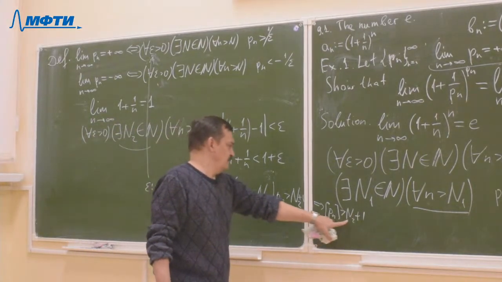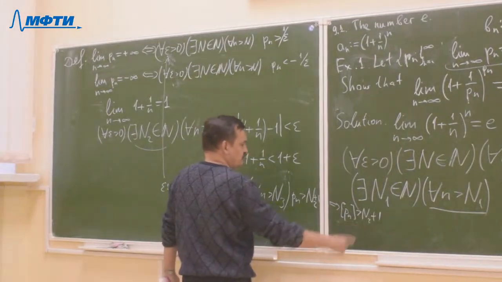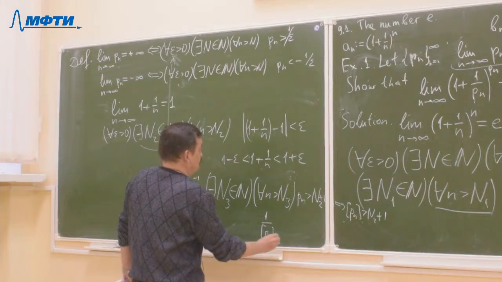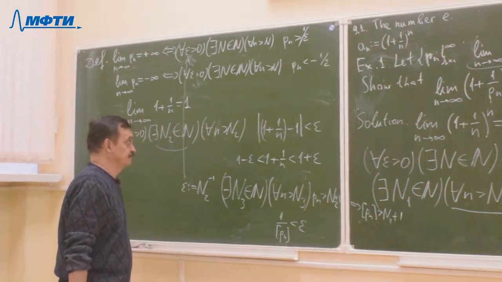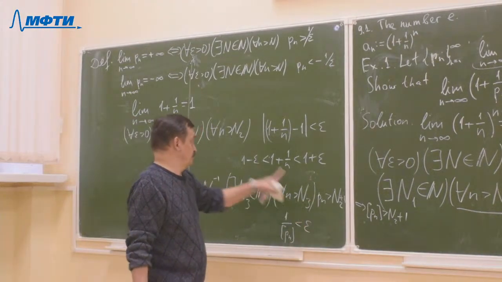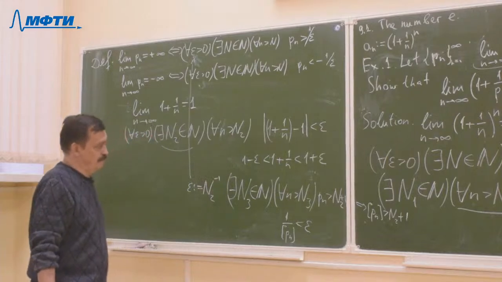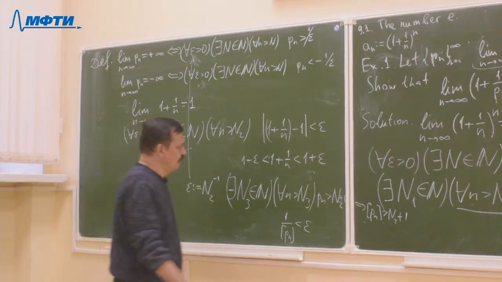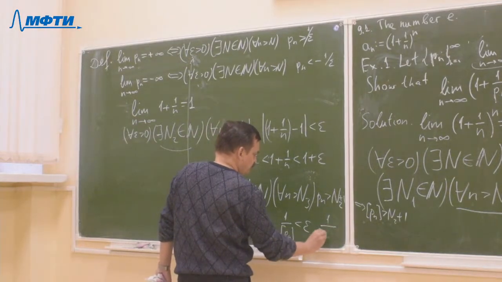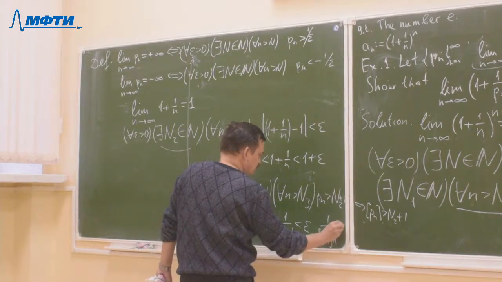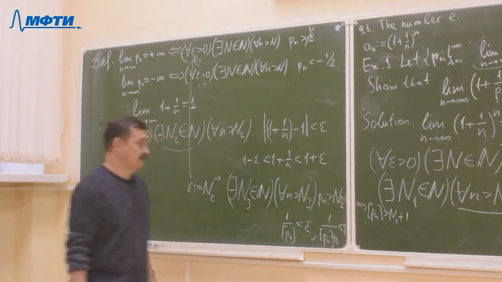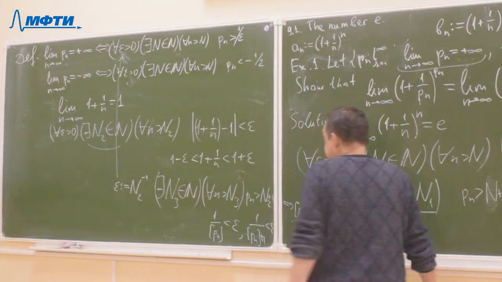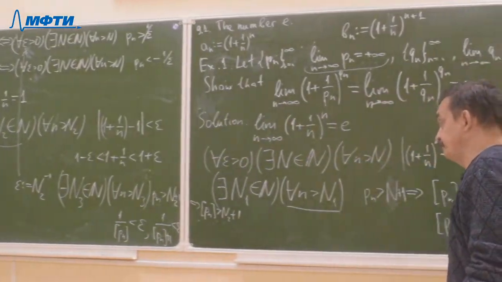Yeah, we have this one, integer part of Pn greater than N2 plus 1, and then 1 over integer part of Pn is less than epsilon. Because Pn is not natural, so we cannot substitute it here. But integer part we can. And analogously, 1 over integer part of Pn plus 1 is also less than epsilon. Both follow from the inequality Pn greater than capital N2 plus 1.